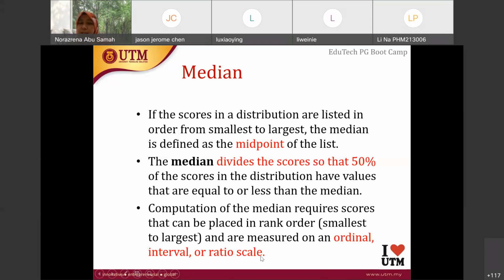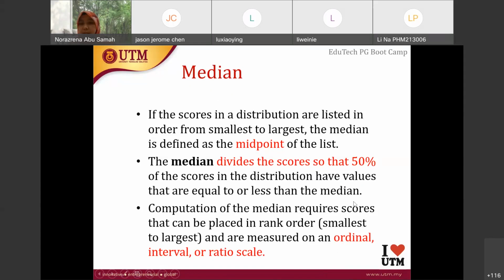For the mean, it is only suitable for interval and ratio. But for the median, you can use data in ordinal, interval, and ratio scale. For nominal, you can't find the median because you can't order the nominal data. Let's say your name, it's not suitable.